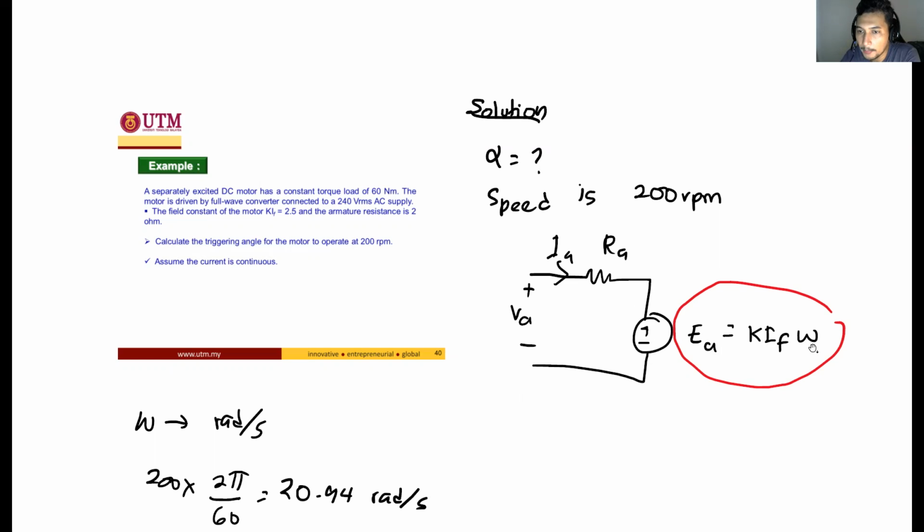So KIF omega. I would like to highlight that the speed unit for this should be in radian per second, not RPM. So what you need to do is convert this RPM into radian per second.